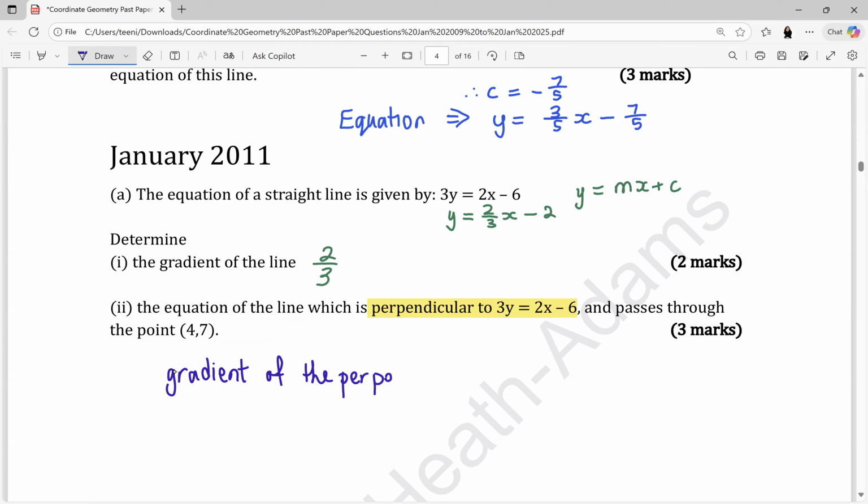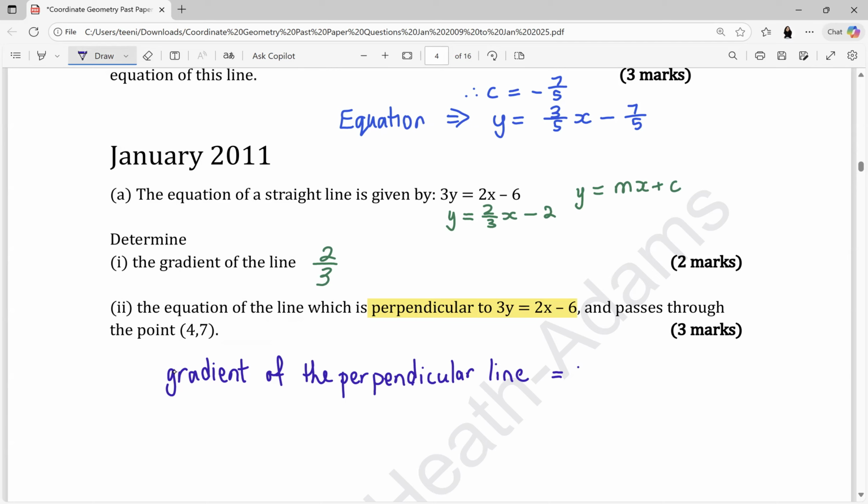Fire, are you still there? Did we lose you? So what would be the gradient of this perpendicular line? I didn't hear you. What would it be?